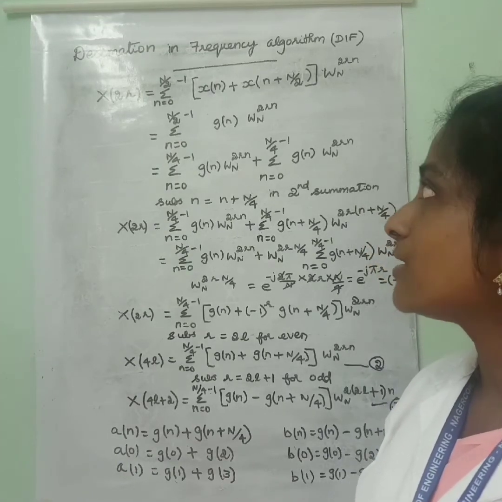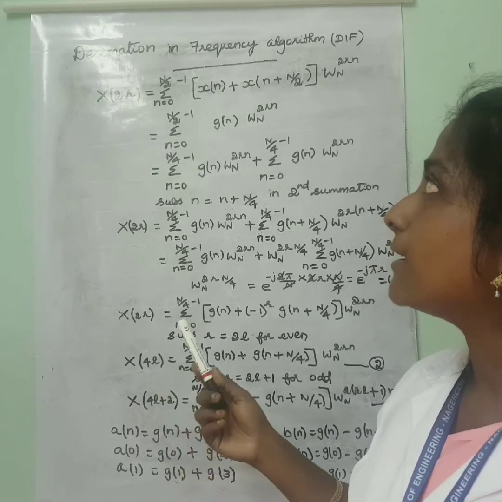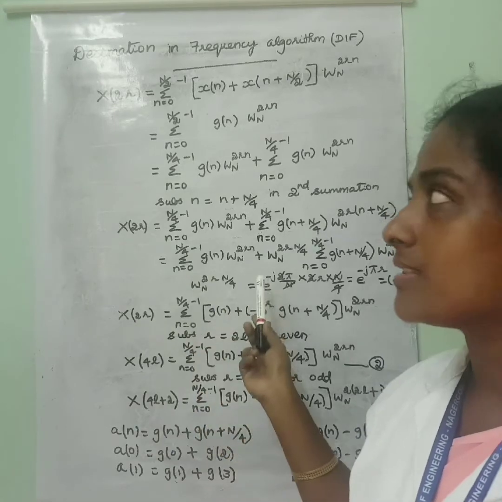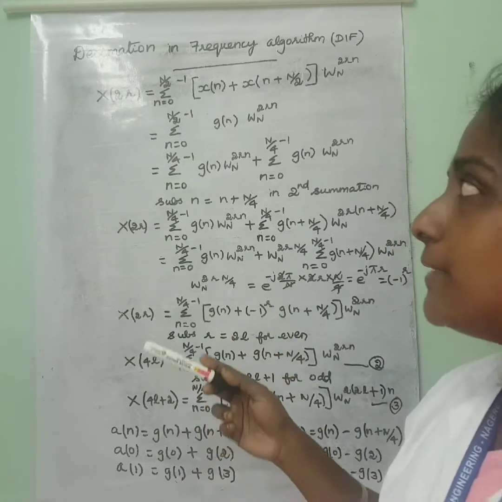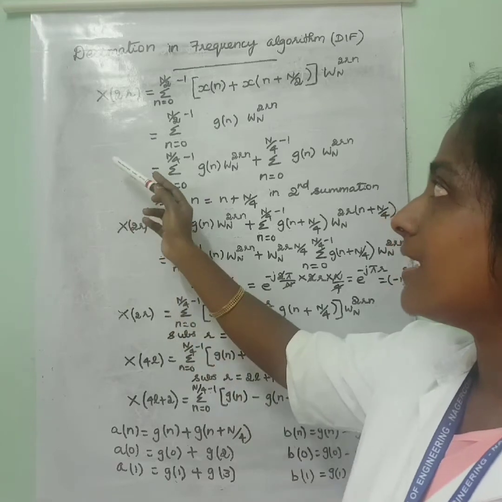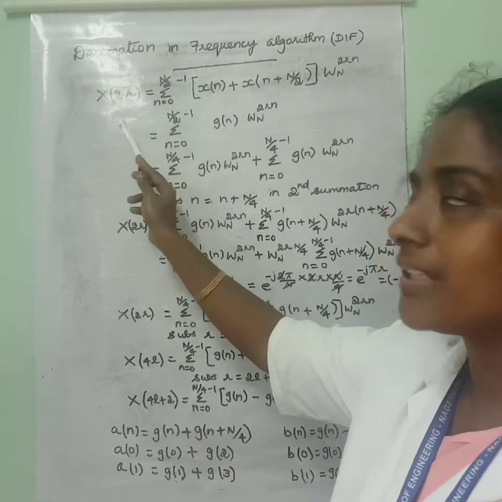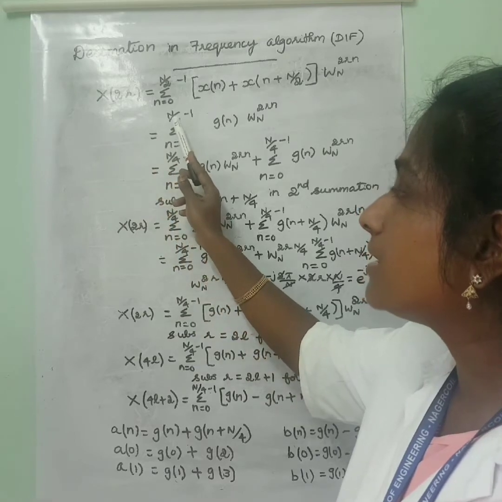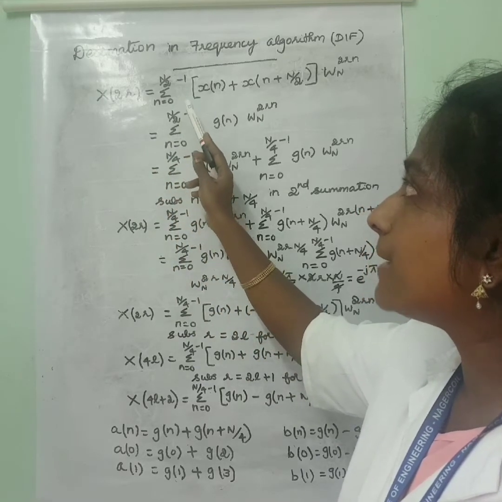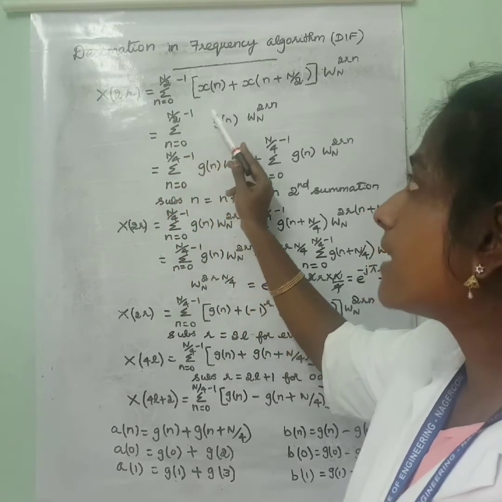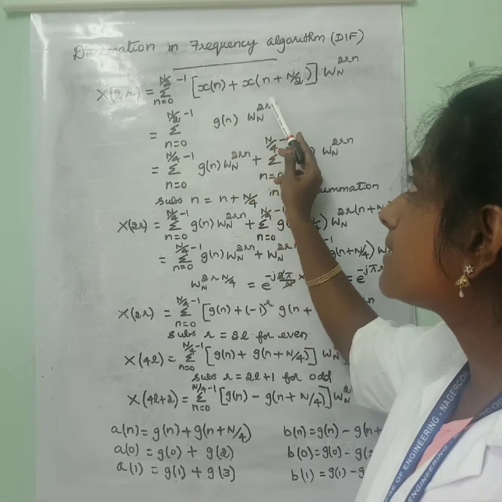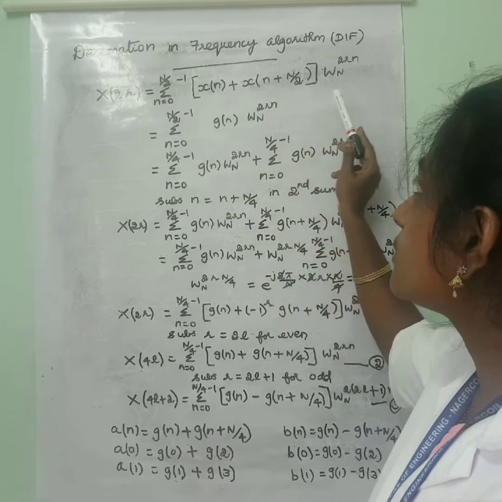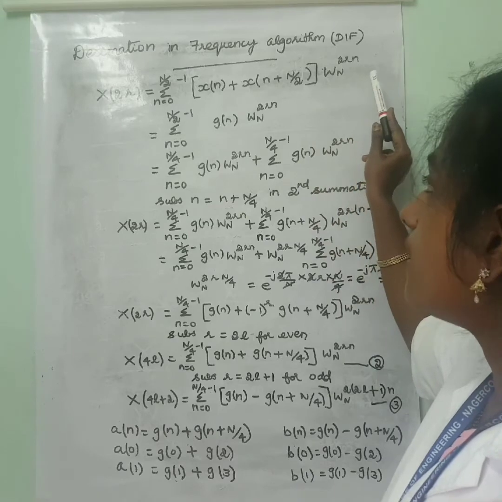Today I am going to teach about the remaining part of the decimation in frequency algorithm. We know the equation that x of 2r, we have derived this equation. So x of 2r is equal to summation n is equal to 0 to N by 2 minus 1 of x of n plus x of n plus N by 2 into W_N power 2rn.